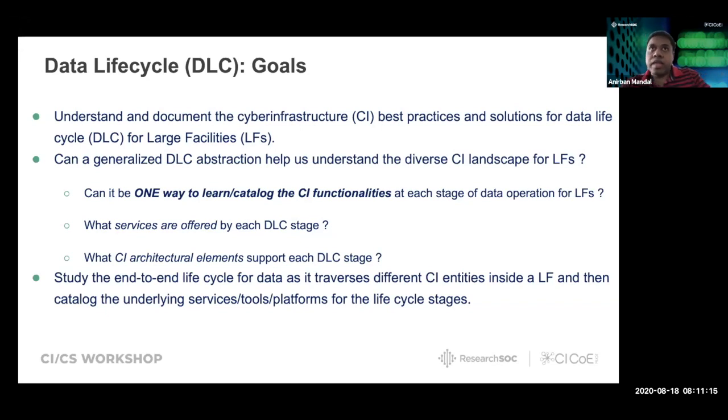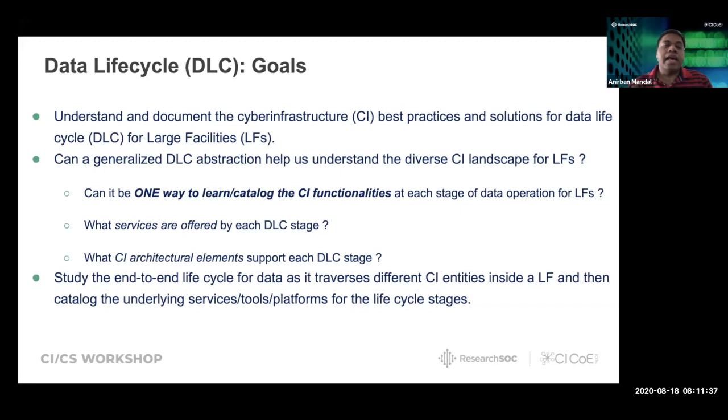And then, what are the services that are offered by each stage? What are the CI architecture elements that support each of these stages? And then study this end-to-end life cycle for data as it traverses the different CI entities, and catalog the underlying services, tools and platforms for these stages.